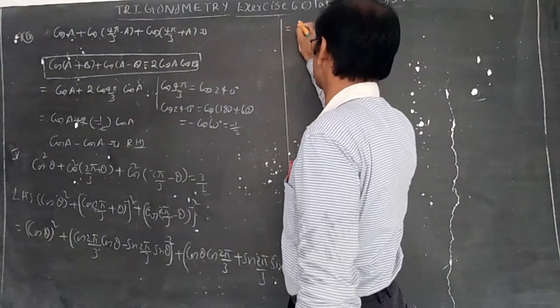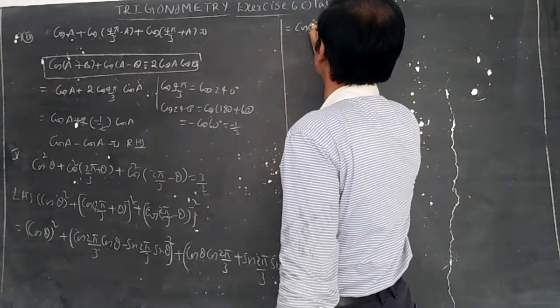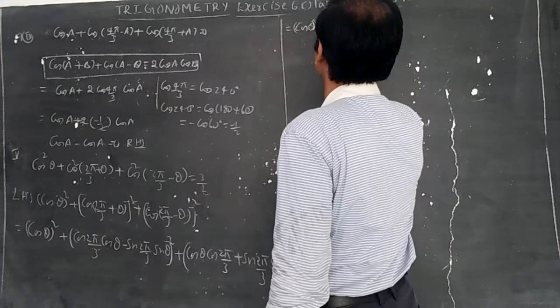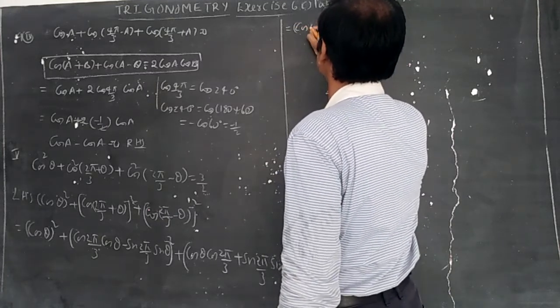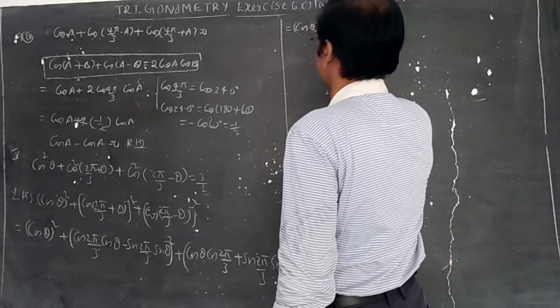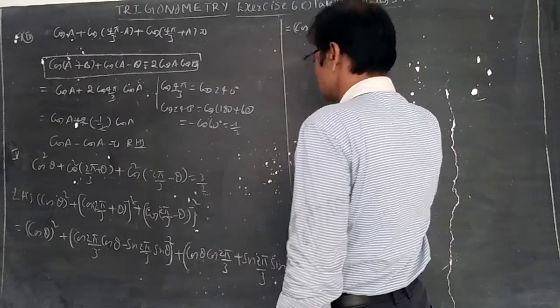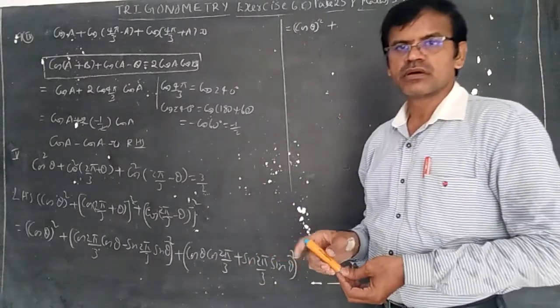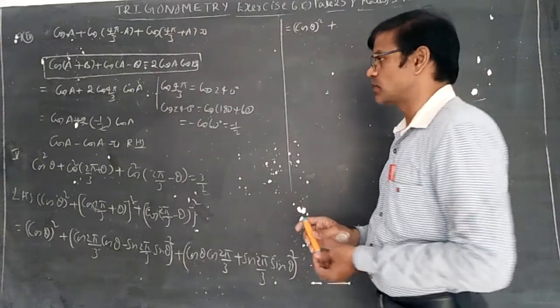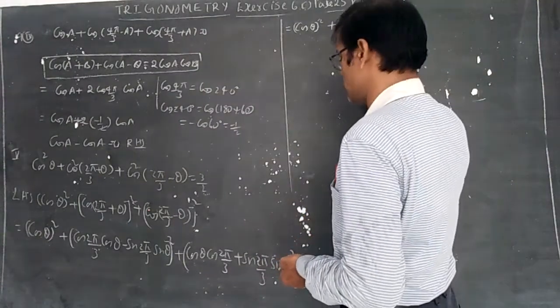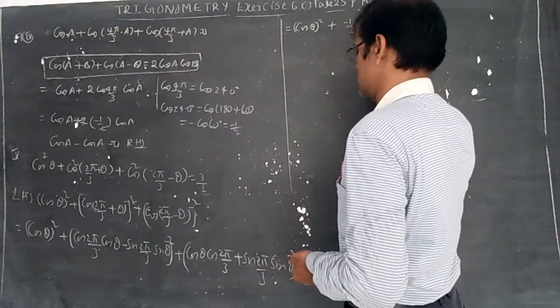that is equal to cos theta whole square plus, cos 2 pi by 3 meaning cos 120, cos of 90 plus 30 minus sin 30, it is minus 1 by 2 into cos theta.